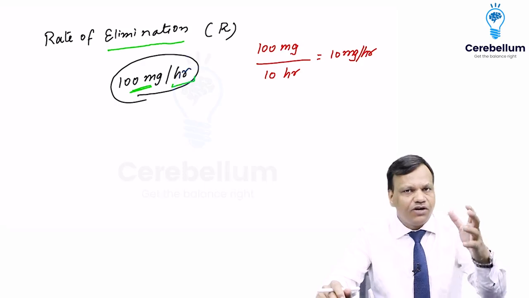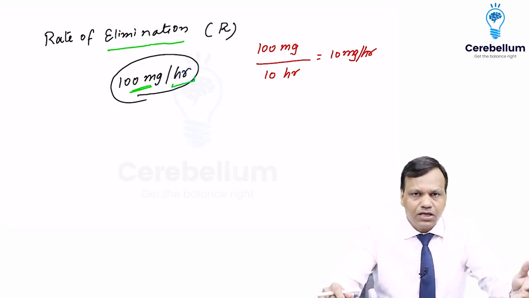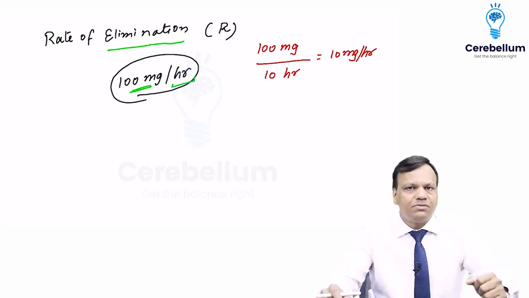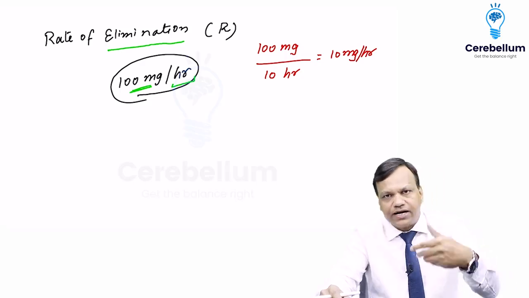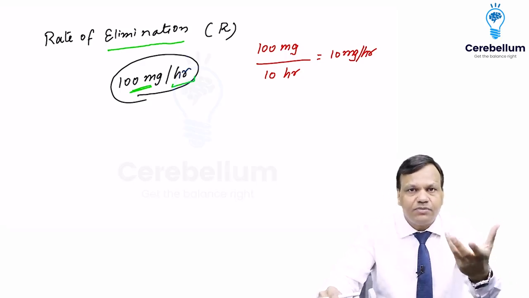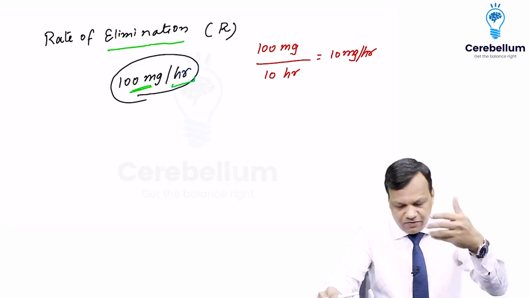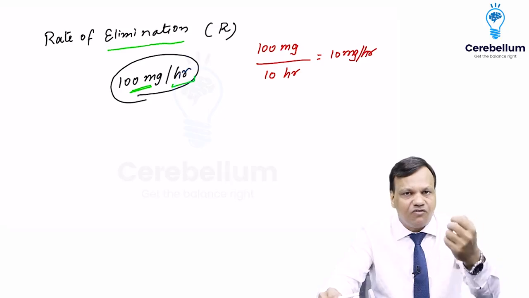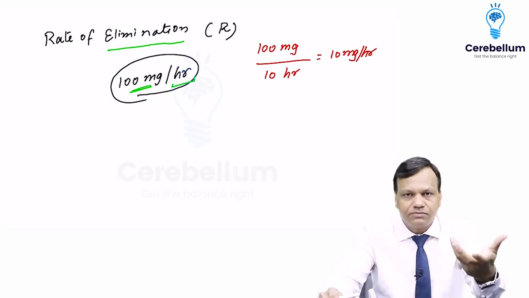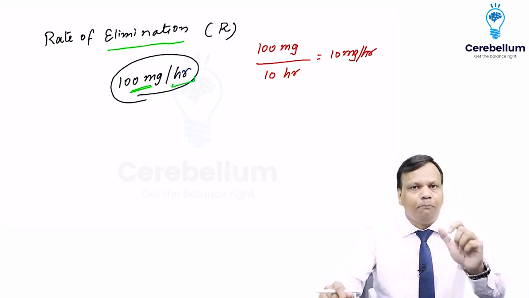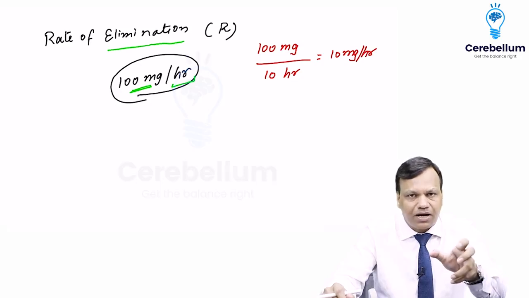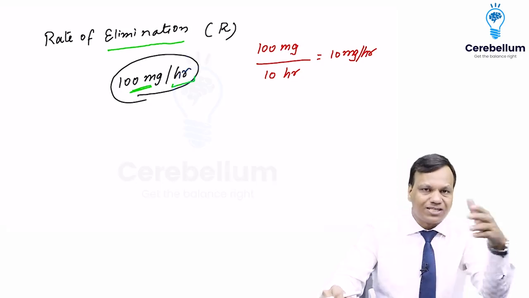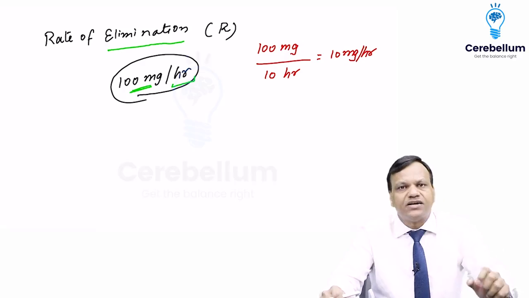But we do not know how much is in the plasma. If 200 milligram is the plasma concentration and out of that 100 is eliminated, that means half is eliminated. If plasma concentration is 1000 and then 100 is eliminated, that means in 1 hour only 10% is eliminated. So rate of elimination is not a complete parameter. It is an incomplete parameter. We must know the plasma concentration to utilize it effectively.